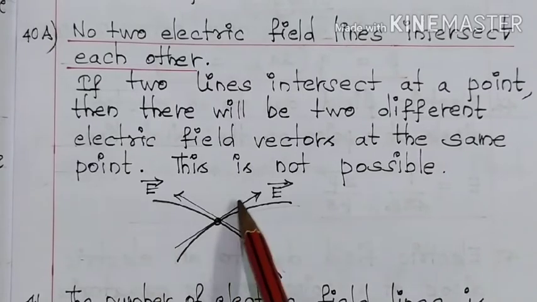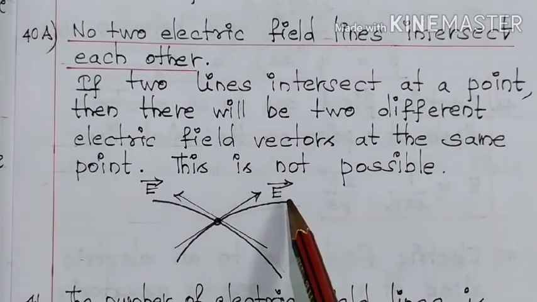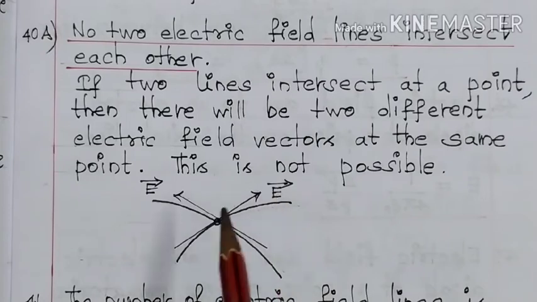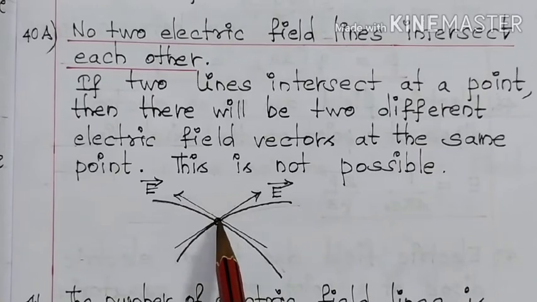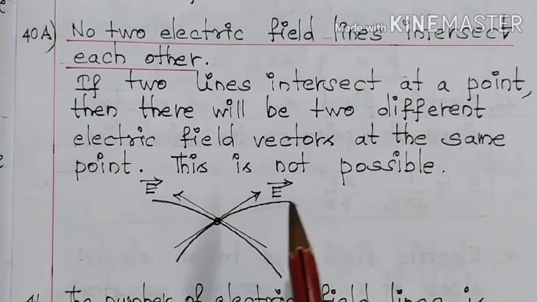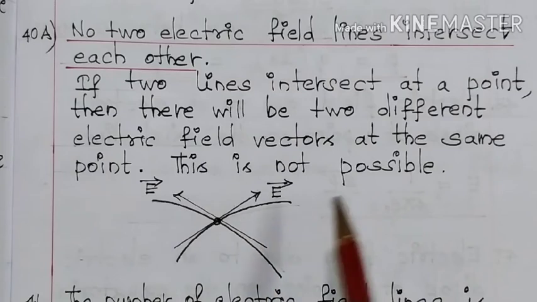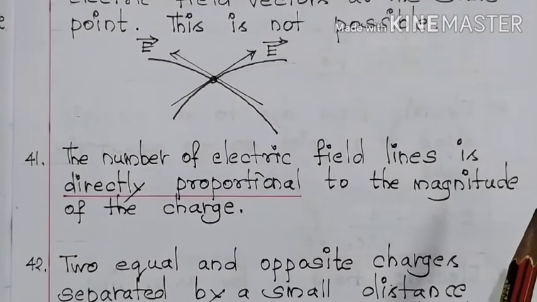So these two tangents represent two different directions of electric field at this single point. This is not possible because at a point there exists only one direction for electric field. So no two electric field lines intersect at a point.